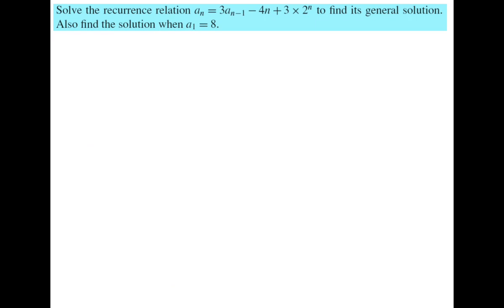So I am writing the recurrence relation a_n minus a_(n-1) minus 3a_(n-2) minus a_(n-3) is 3 raised to the power n. So let P_n be b times 3 raised to the power n.